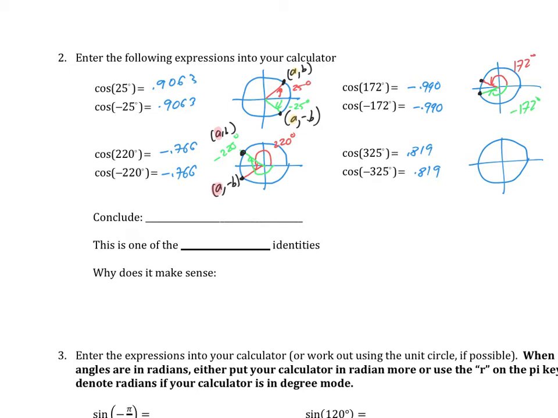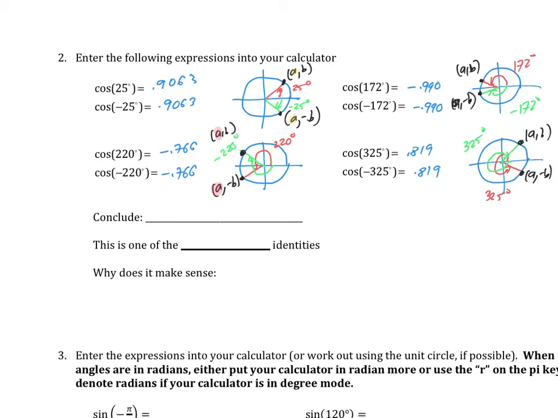So that's going to be in the fourth quadrant, something like this. And then I will sketch negative 325 degrees, so I'm going to go in the opposite direction. It'll be something like that. And once again, we'll see that we have the same x coordinate in each case. So if this is (a, b), this will be (a, negative b).